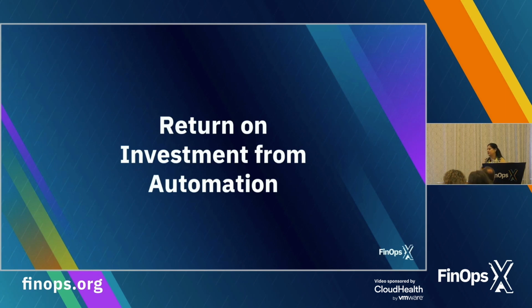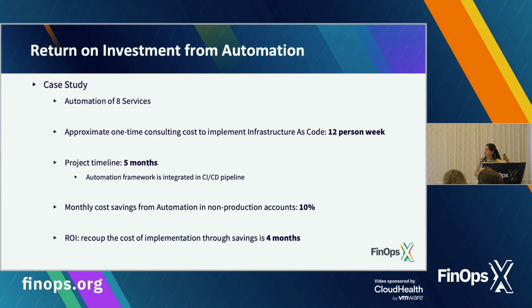Now, how do you make a case for custom automation to the stakeholders and to your Cloud Center of Excellence team? I'll walk you through what we went through. We automated 8 services. It took the DevOps engineer 12 weeks.